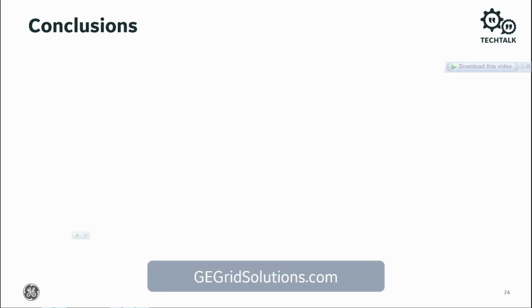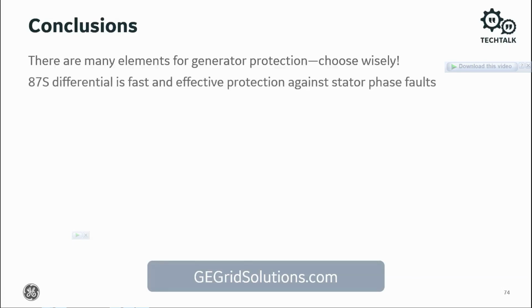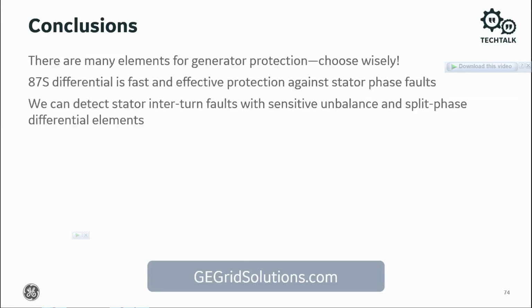We've come to the end of our session today. Here are some things to remember. There are many elements for generator protection. Choose wisely. 87S differential is fast and effective protection against stator phase faults. We can detect stator interturn faults with sensitive unbalance and split-phase differential elements.